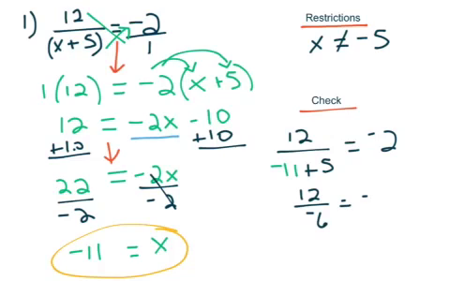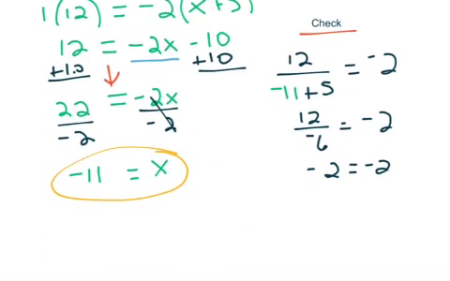I know that's not very lined up. And 12 divided by -6 is actually -2. So this checks out. It does work. So my solution, and we're going to start calling it a real solution, is x equals -11.